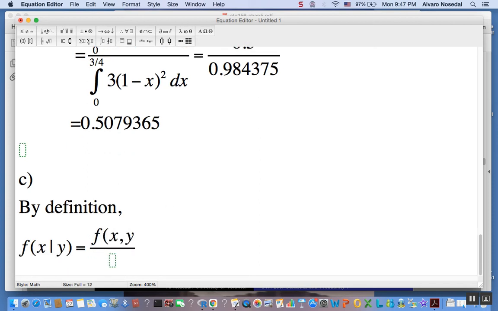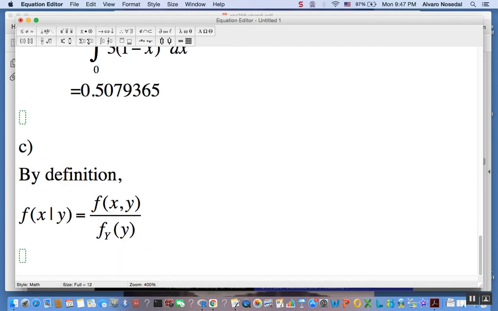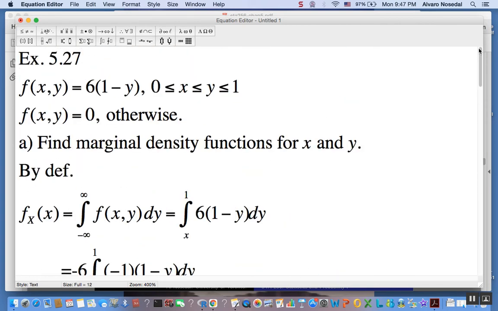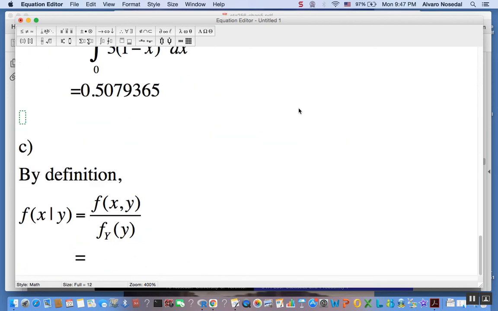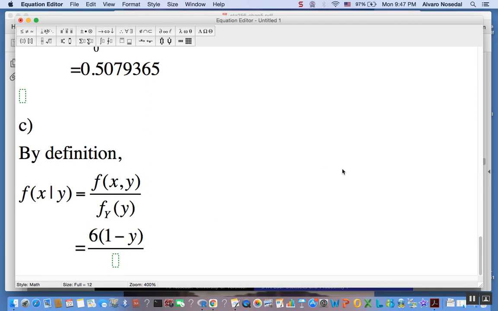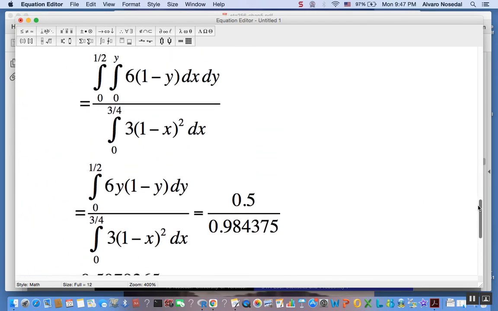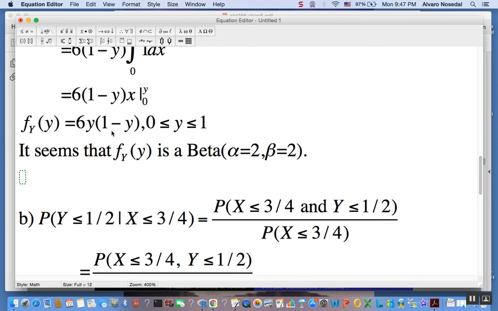The joint is this, and the marginal that I need is the marginal of the random variable y. So joint is this guy. Our marginal of y is this.